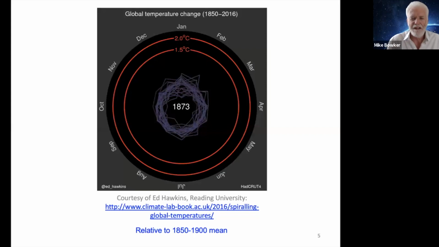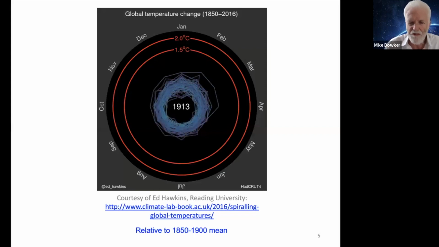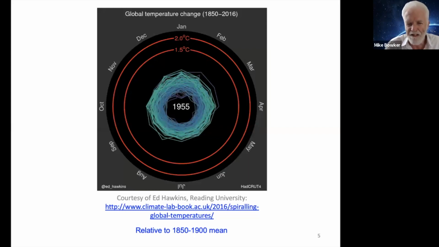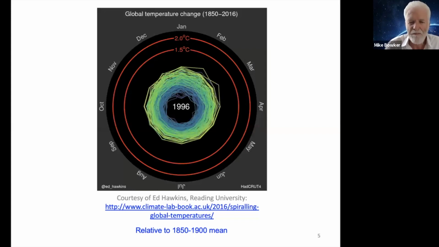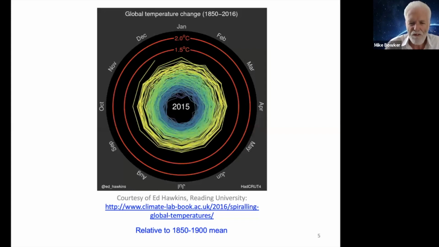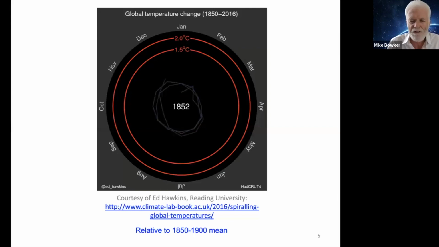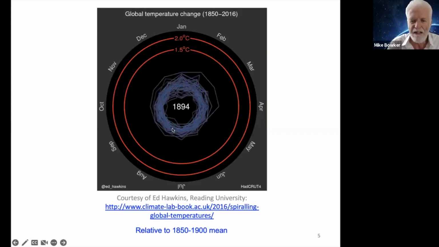So here's a slightly frightening slide. This is from Ed Hawkins at the Meteorology Department at Reading University, and shows the global rise in temperatures as a function of time from 1850 is the mean on this. I'll show that again because it's even more frightening than it looks in many ways, because if you look here, it's not really huge at this point, the increase in temperature.